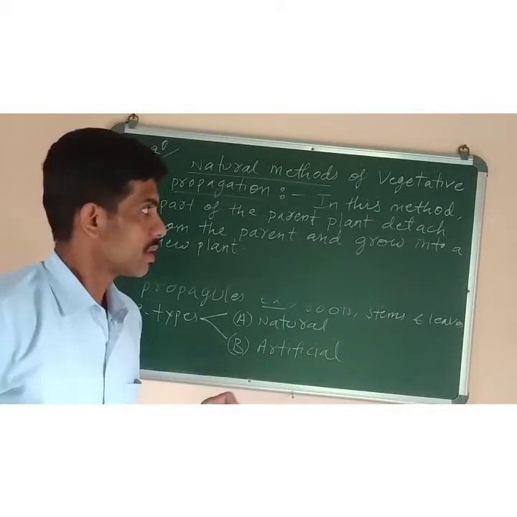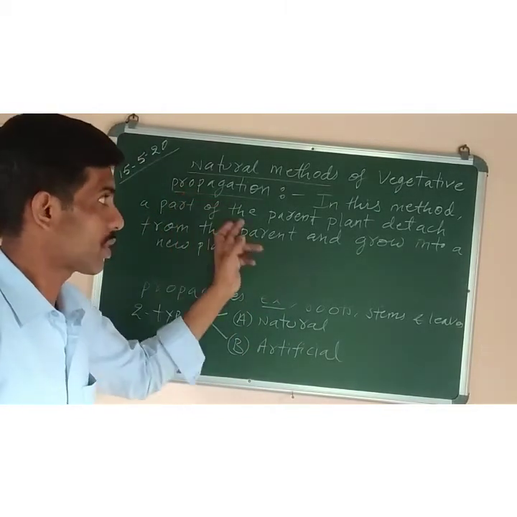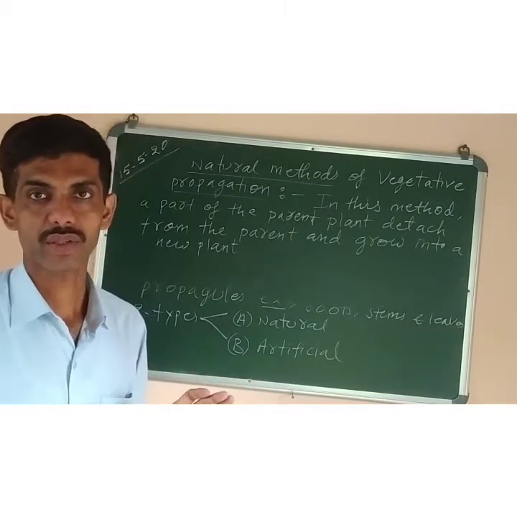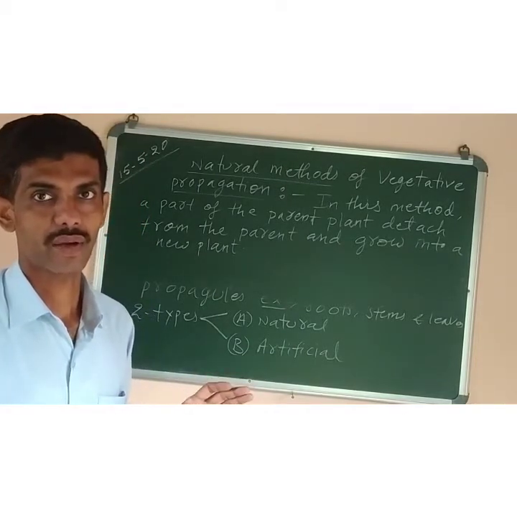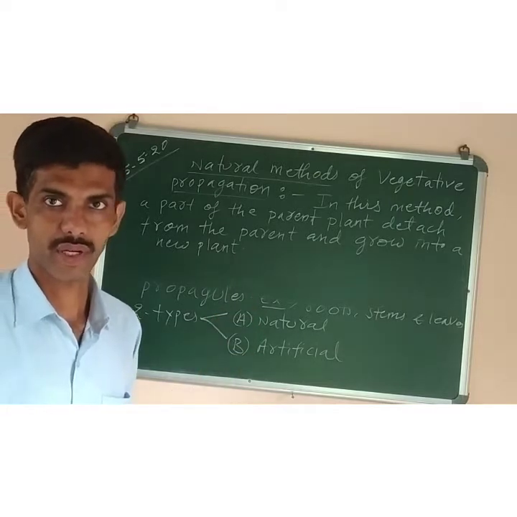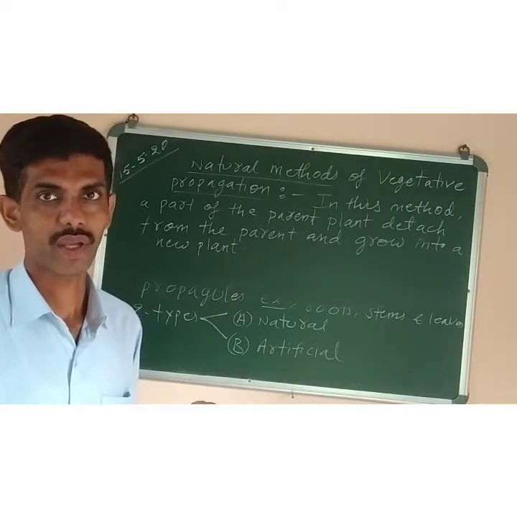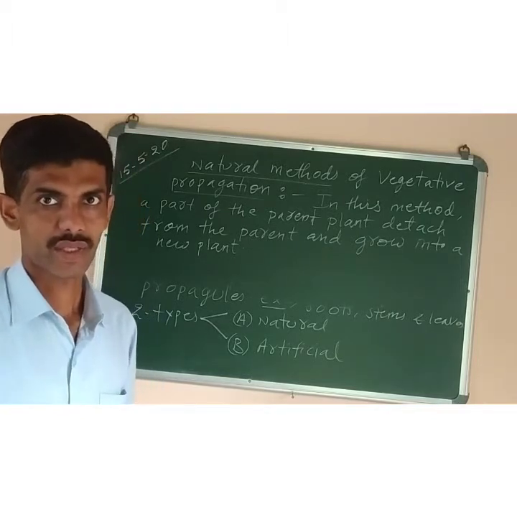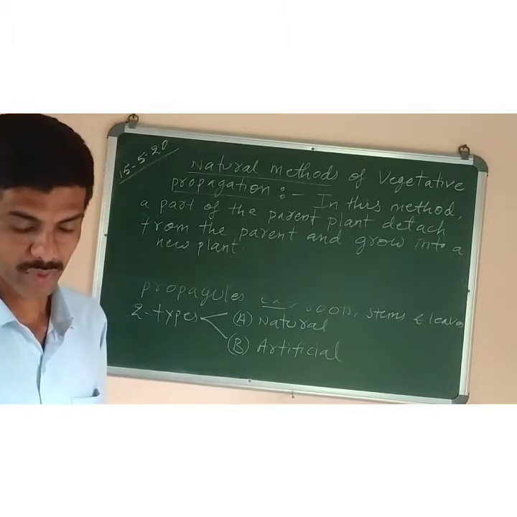So what is the definition of natural methods of vegetative propagation? There are no artificial means; human beings are not required to carry out the natural methods of vegetative propagation. It can be done by the plant itself without any assistance or help.